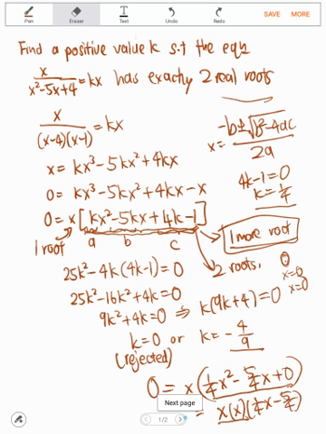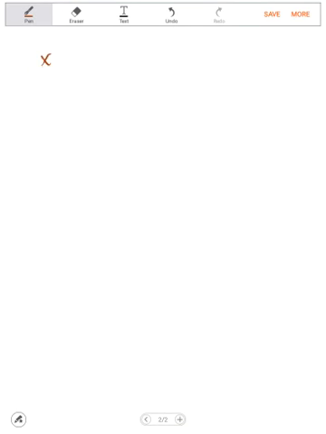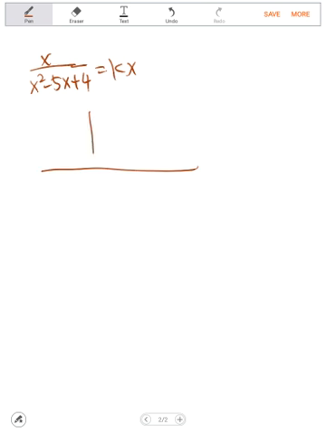The actual way to do this is x over x squared minus 5x plus 4 equals kx. So the actual way to do this is to graph. Let's factorize the denominator to get x over (x minus 4)(x minus 1) equals kx.